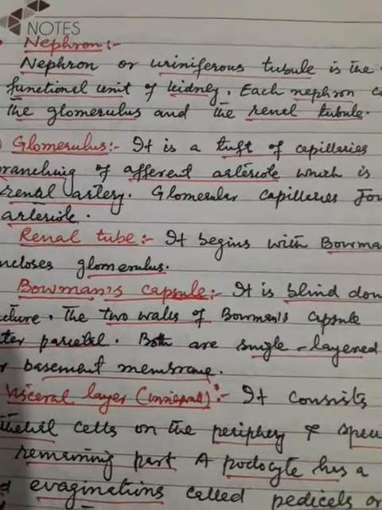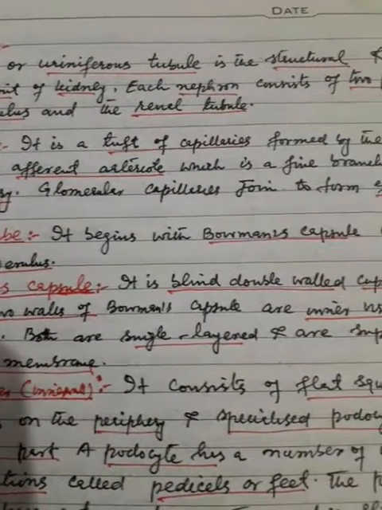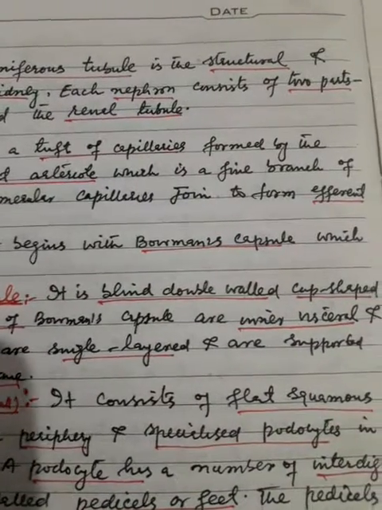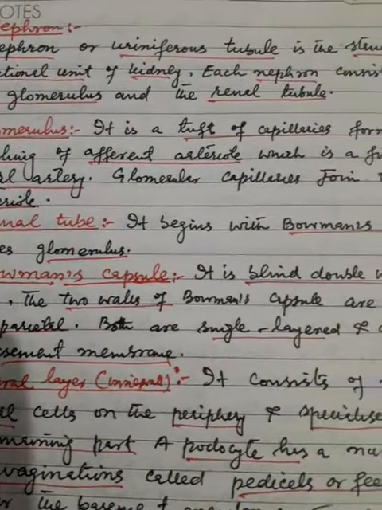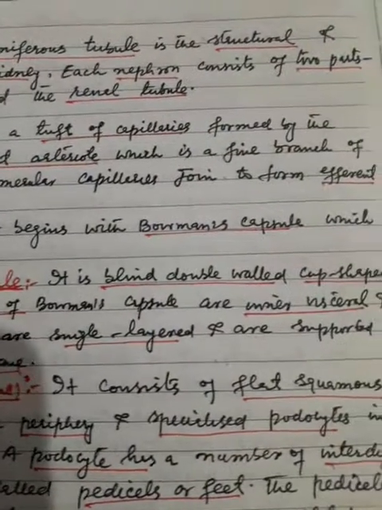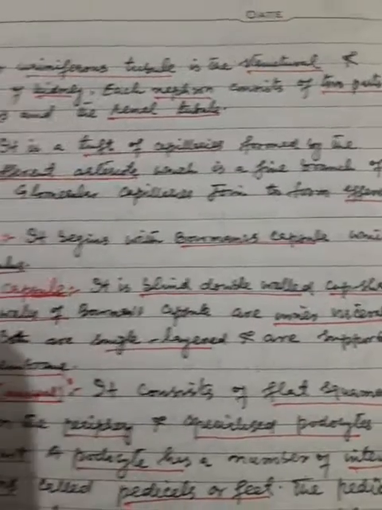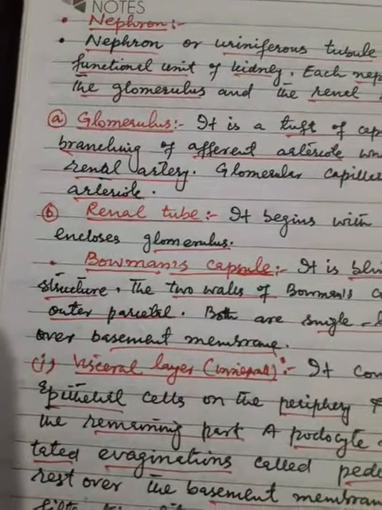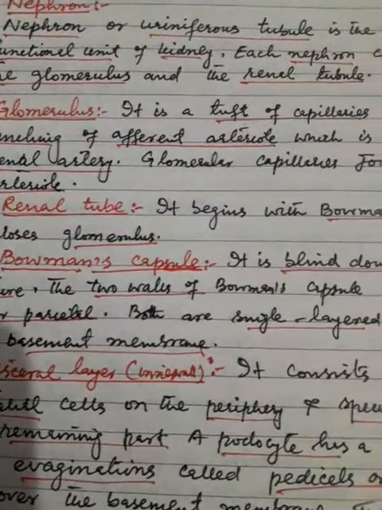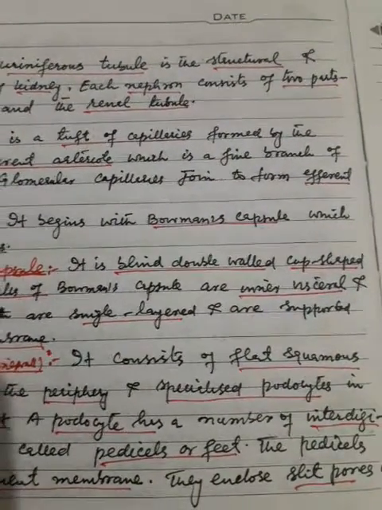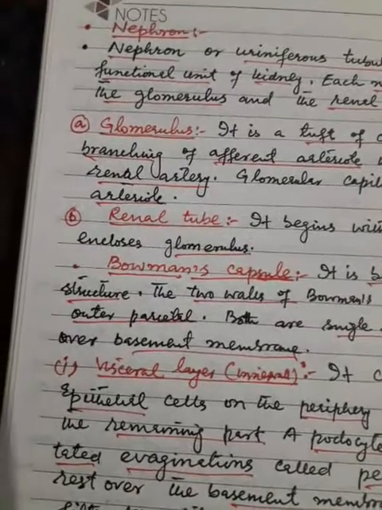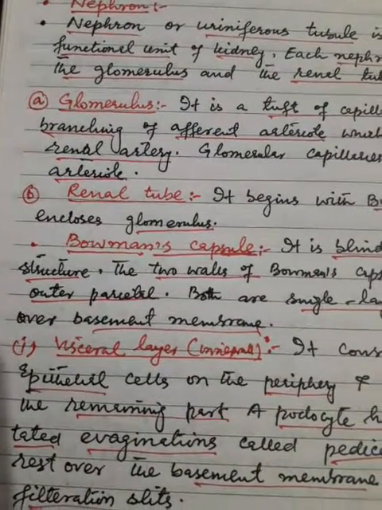Now, Bowman's capsule. It is a blind double-walled cup-shaped structure. The two walls of Bowman's capsule are inner visceral and outer parietal. Both are single layered and are supported over basement membrane.